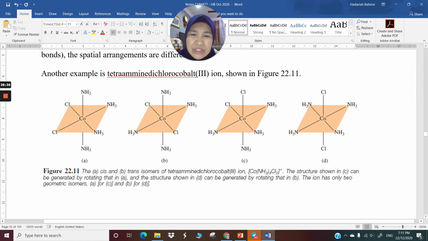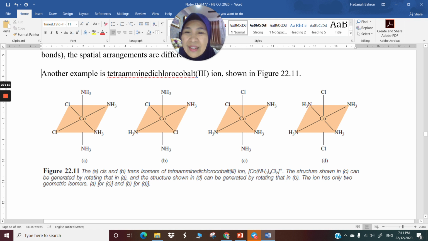And D can be generated when you rotate B. So when you rotate chloro into this position, this chloro will go down here. This is the structure that you're going to get. So A is actually C, B is actually D. And you cannot interconvert between A and B. When you want to change A into B, you cannot do that at all unless you break some bonds.